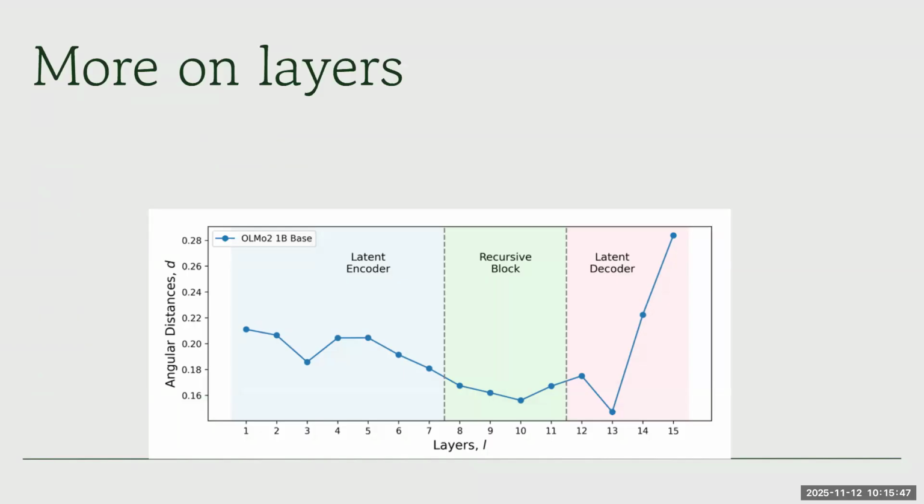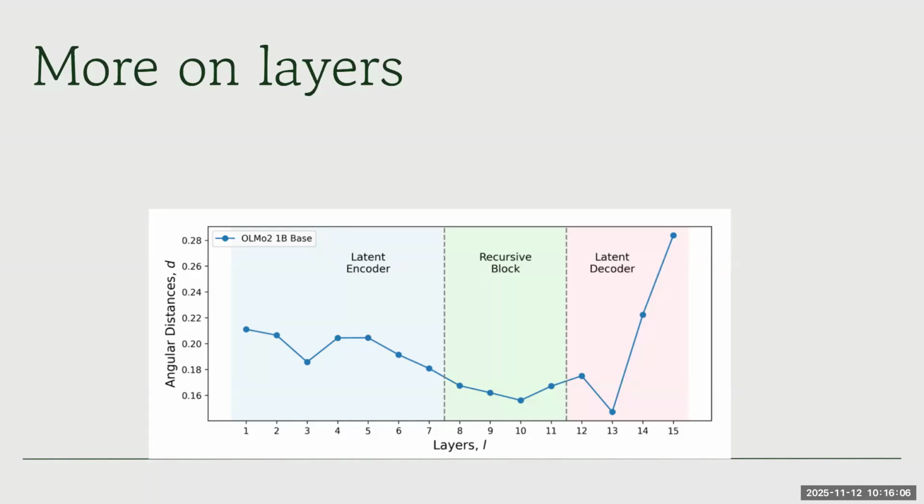The insight here is that early on and later on, the variation in the angular distance is huge, but towards the middle, the change in angular distance is quite steady, or let's say it plateaus.